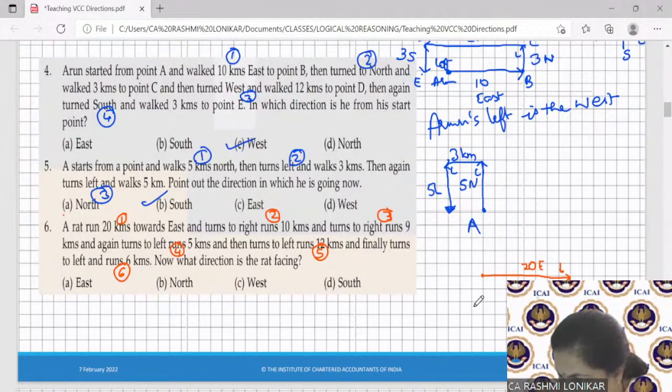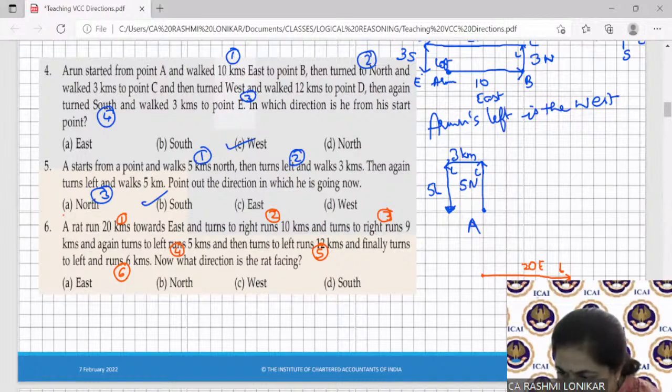This is my 20 kilometers, so half the distance nearly. So 9, he moves to the right. Okay, this is his direction. Where is his left? This is his left. Turns right, runs 9 kilometers, and again turns left, runs 5 kilometers. So he turns left and runs 5 kilometers.